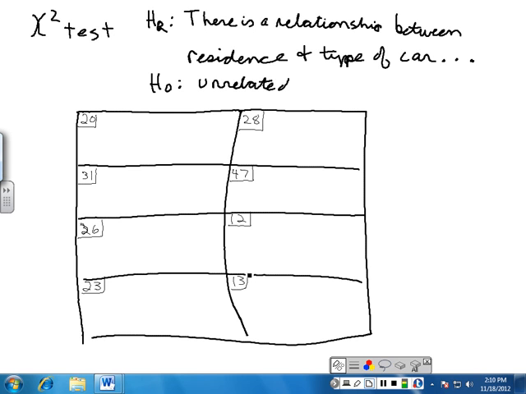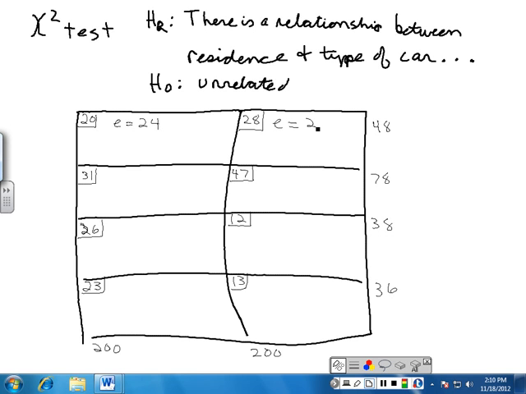And now what I'm going to do is add up all the rows and the columns. And when I did that, I had 200 and 200, which is nice. We're going to have a 50-50 split across columns. So here we have 48, 78, 38, and 36. So since we have a 50-50 split in the columns, here we have an expected value of 24 and an expected value of 24.